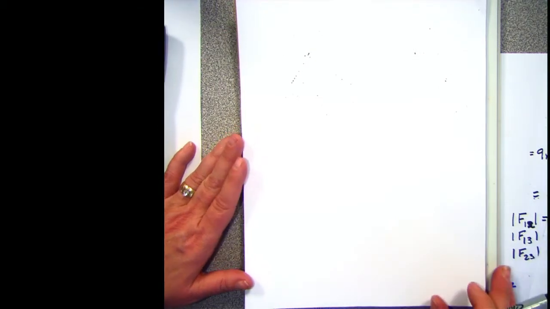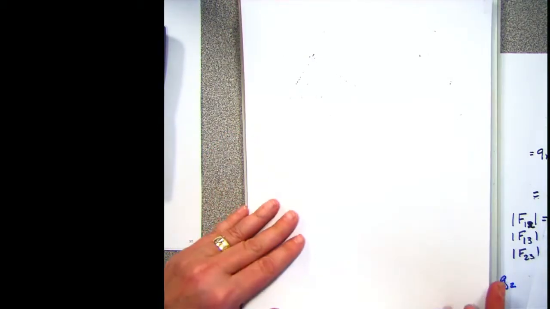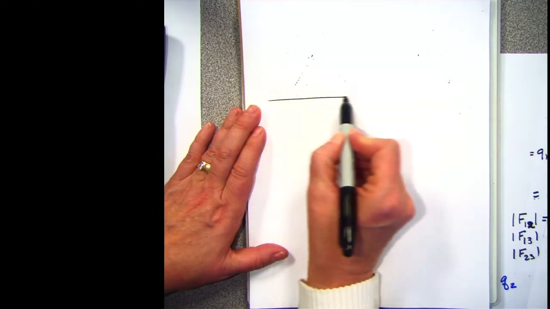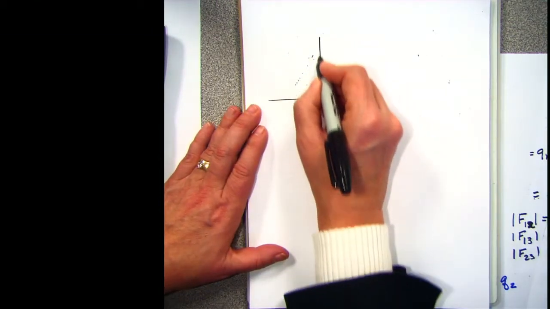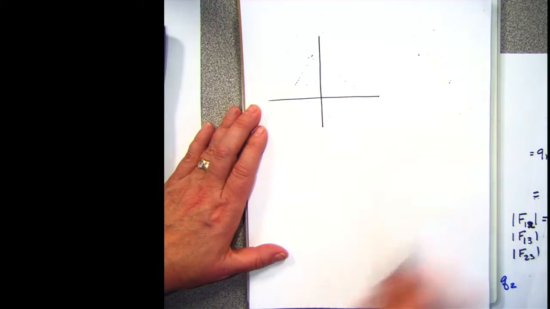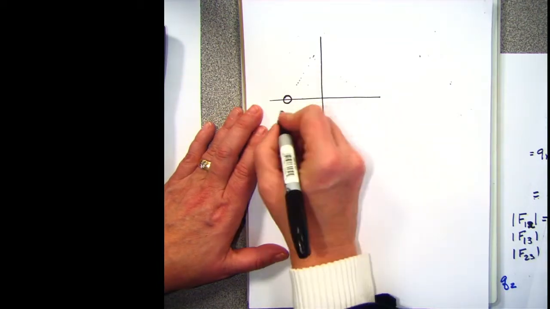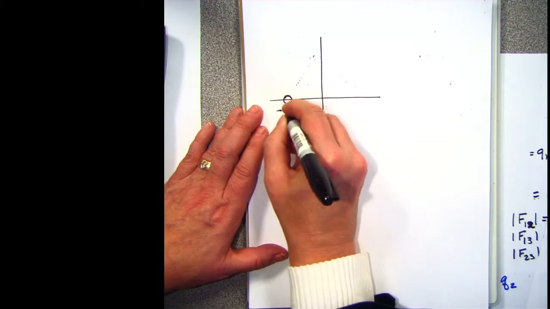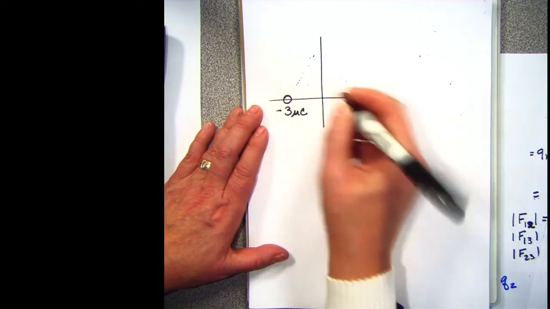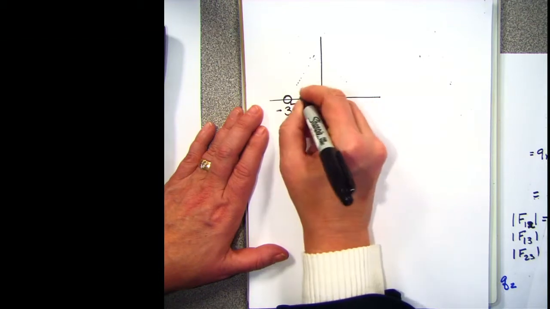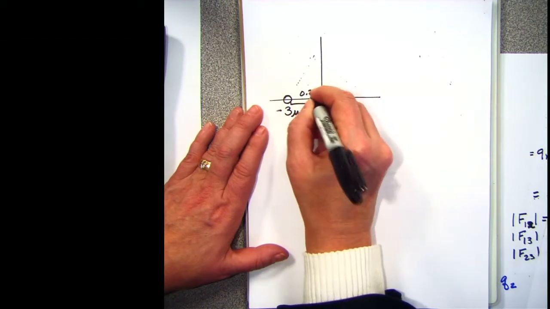So let's do another one of those, just so that you can kind of see how this might work as we change up the dimensions. So I'm going to do this one. I'm going to do one that looks like this. All right. So I'm going to put a charge here. This time I'm going to put a -3 microcoulomb charge. And we're going to say this distance is 0.2 meters.